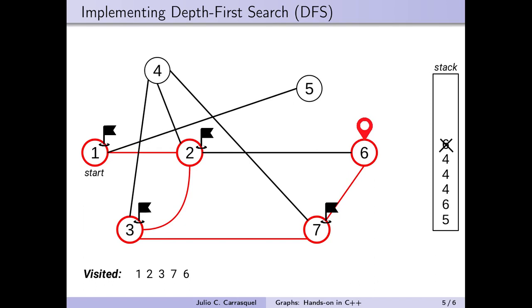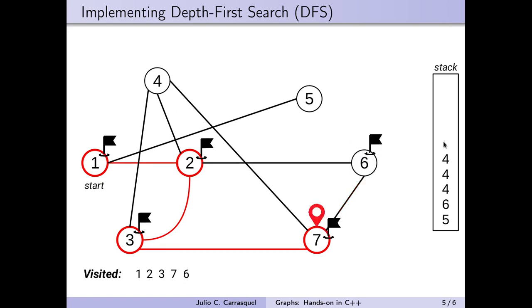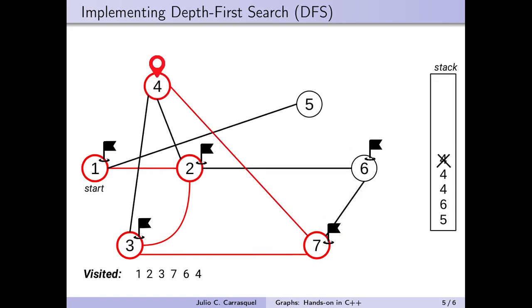You see that for 6, when we are going to visit 6, there are no neighbors that have not been visited before. The neighbors of 6 are 2 and 7, but both of them were visited before, so we cannot push them again in the stack. This is the part in which we go back. You see that 4 was not visited before, so we mark it, and then we ask for its neighbors.